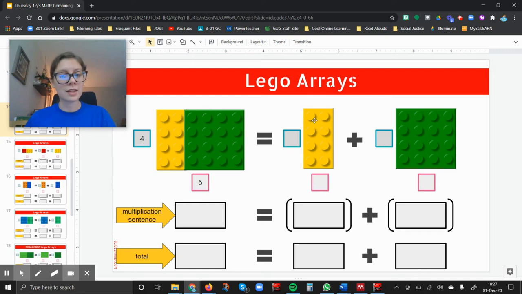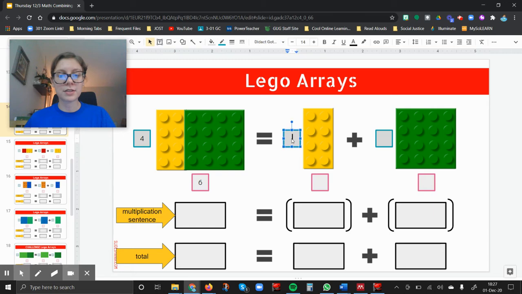So I can say, okay, this little piece, this array, has 1, 2, 3, 4 rows. That stays the same. But I only have 2 columns this time. And then over here, I have 1, 2, 3, 4 rows again, because our rows stay the same. But I have 1, 2, 3, 4 columns.